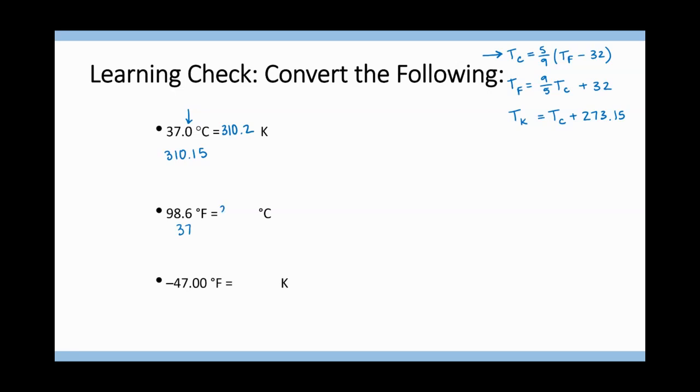But to keep the 3 significant figures, we write 37.0 degrees Celsius. And then lastly, Fahrenheit to Kelvin requires 2 calculations. We convert Fahrenheit to Celsius first, and then we convert Celsius to Kelvin. And then this answer is 229.26 Kelvin.